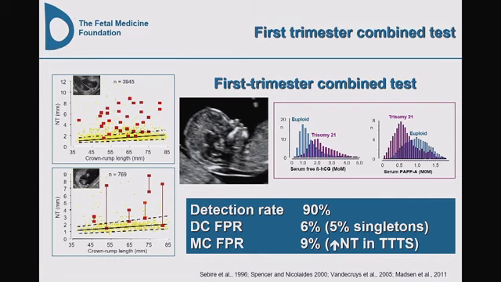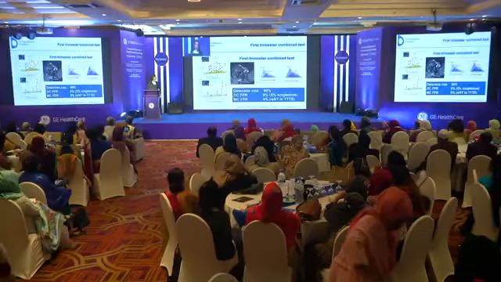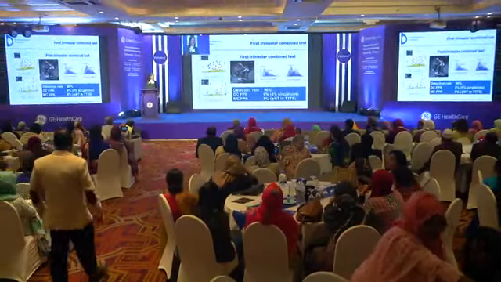Well, in dichorionic twins, we assess the two fetuses and we give a separate risk for each fetus for chromosome abnormalities. Whereas in monochorionic twins, we scan the two fetuses again, but we give the average risk for the whole pregnancy. Let me show you the graph here on the left. I don't have the pointer, but I will try to summarize it for you.